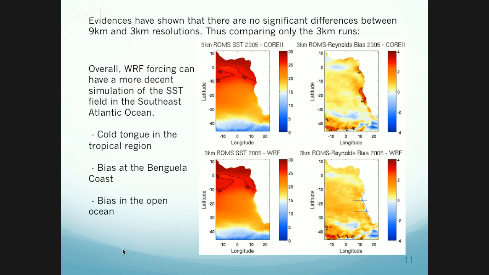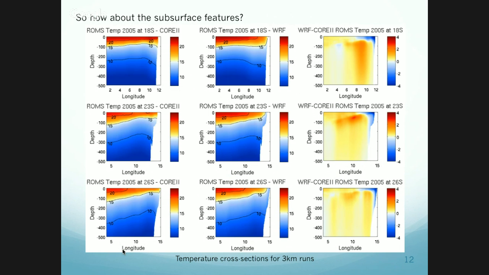I made these two lines at the two cores of this cold bias feature, and I did a cross section comparison of these three lines. You should probably put this line in the same place in both, so it makes it easier to compare.